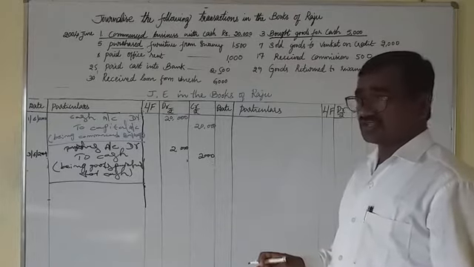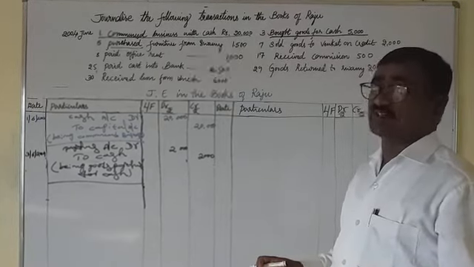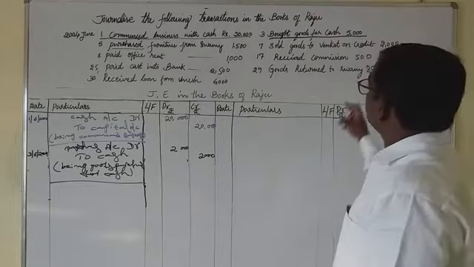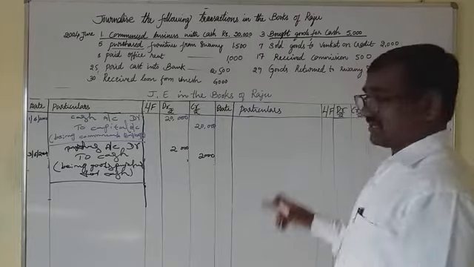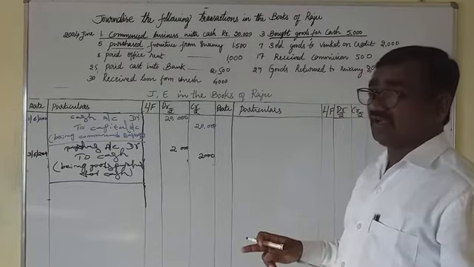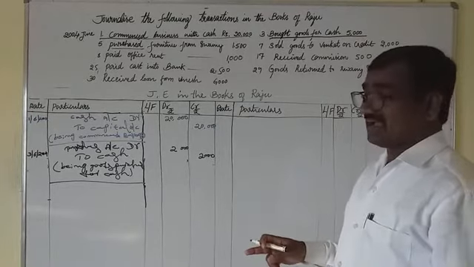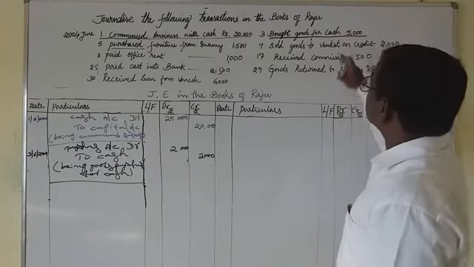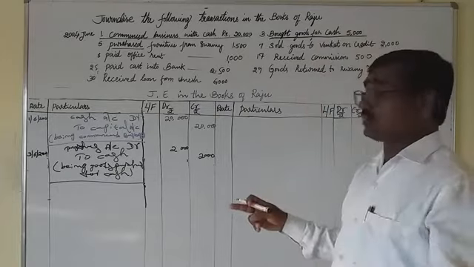Nominal account rules: purchase of goods is an expense, so purchase account debtor. Bought goods for cash rupees 5,000. Instead of buying goods, we are giving cash. According to real account rules, debit what comes in, credit what goes out. What goes out in this transaction? Cash goes out.